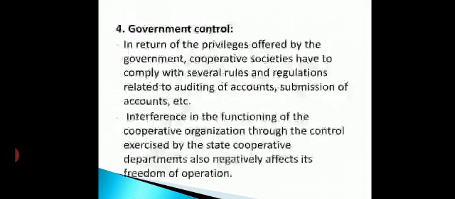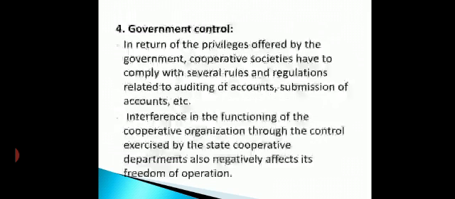So these are some of the rules and regulations specified by the government in case of maintenance, auditing and submission of accounts. So they find that there is interference from the government, which becomes another important limitation. Interference in the functioning of the cooperative organization through the control exercised by the state cooperative departments also negatively affects its freedom of operation.